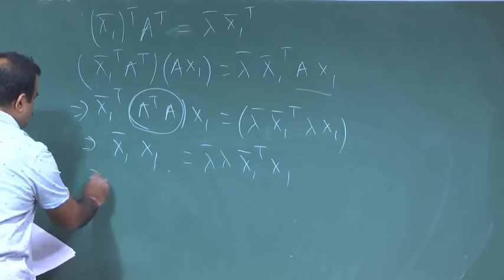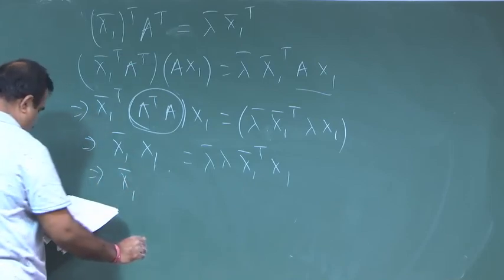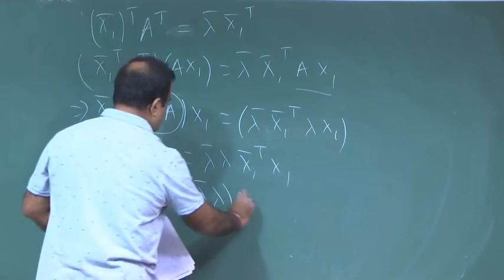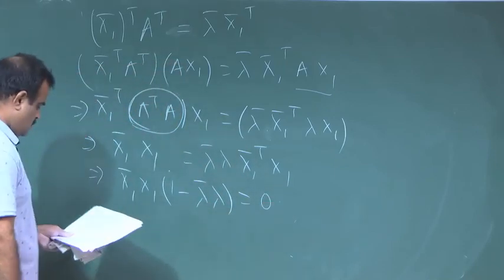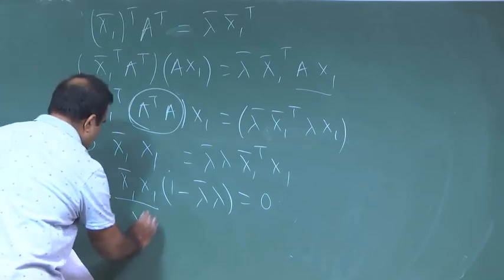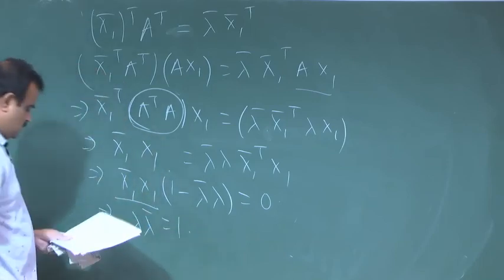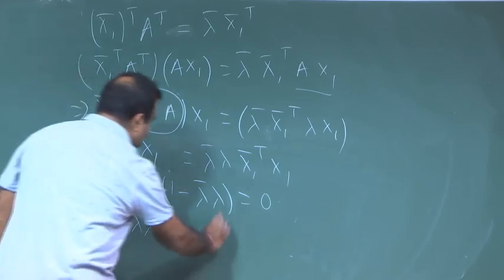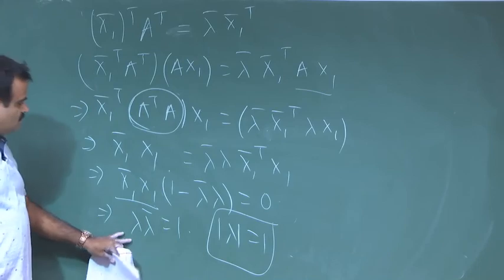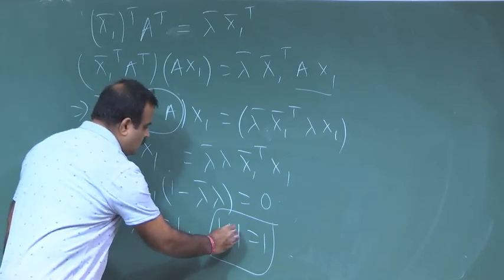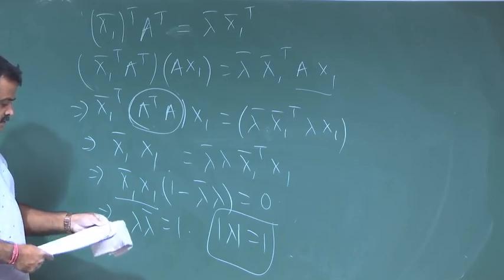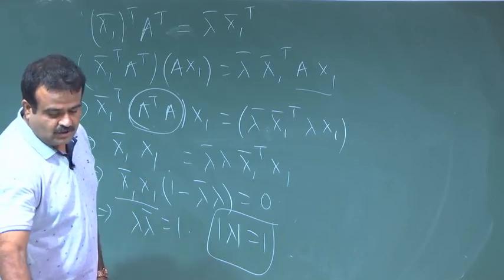So, x 1 bar x 1 into (1 minus lambda bar lambda) is equal to 0. Now, x 1 bar x 1 is a non-zero quantity. So, this implies lambda lambda bar equals 1. Now, this implies mod of lambda equals 1. So, if lambda is a complex number, its modulus is 1. So, it has unit modulus.